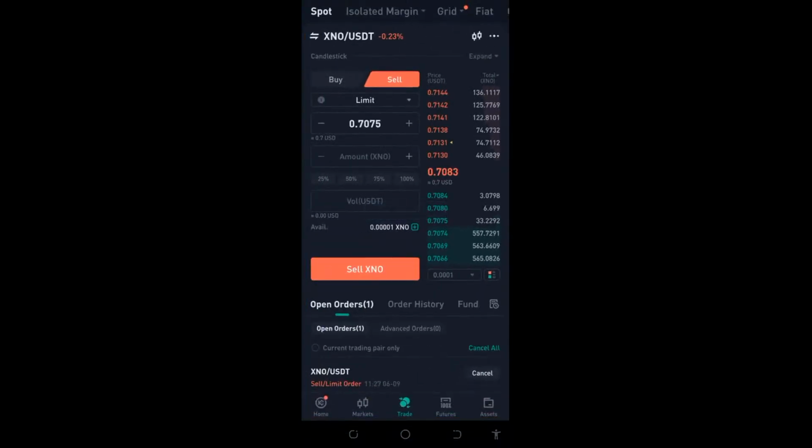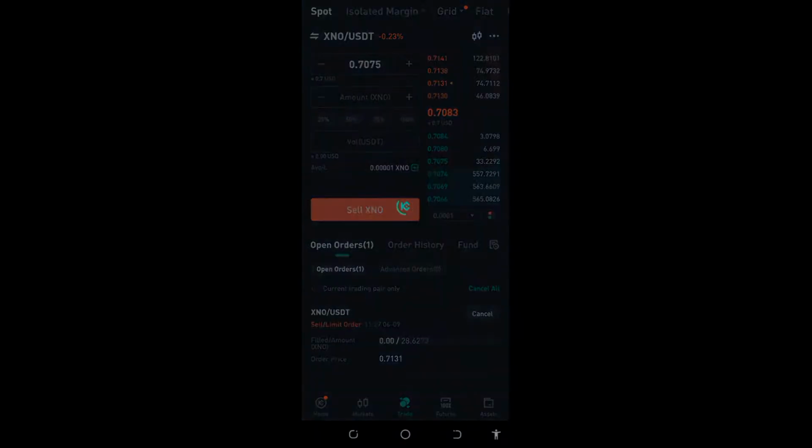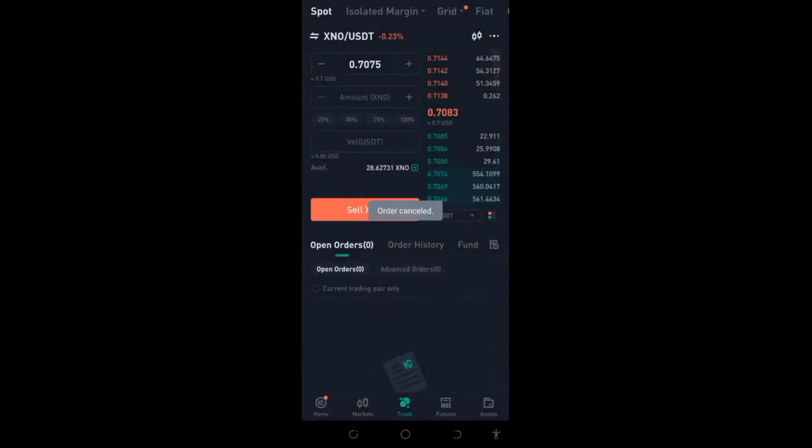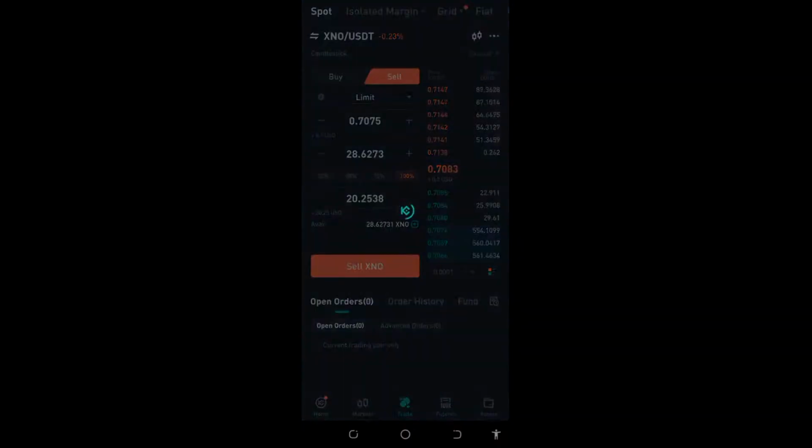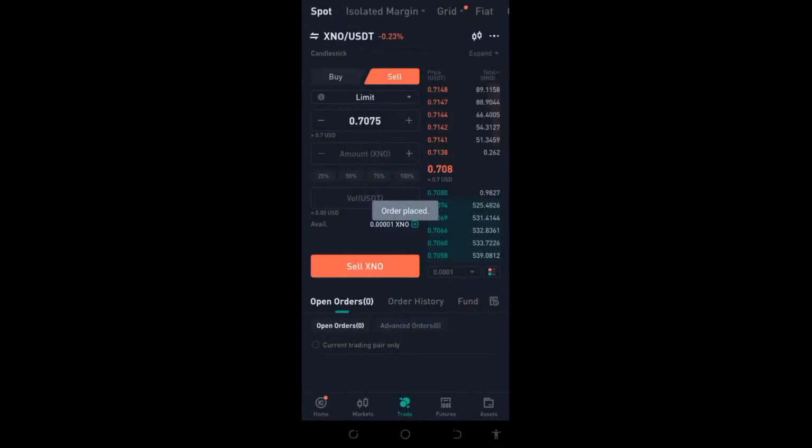It's actually going down. I don't want it to get to a point where we will not be able to do this. So let's just cancel. And then let's try to put 100%. Oh, so we're still going to lose. I mean, I could have taken advantage of this earlier, but that's fine. Let's just quickly move on and let's not waste any more time. So let's go ahead and then get it sold.